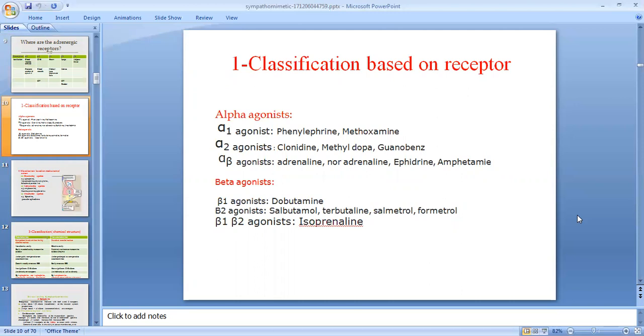Alpha 2 agonists: clonidine, methyldopa, guanabenz. Alpha-beta agonists are adrenaline, noradrenaline, ephedrine, amphetamine. Beta 1 agonists like dobutamine. Beta 2 agonists are salbutamol, salmeterol, formoterol. And beta 1, beta 2 non-selective agonists are isoprenaline.